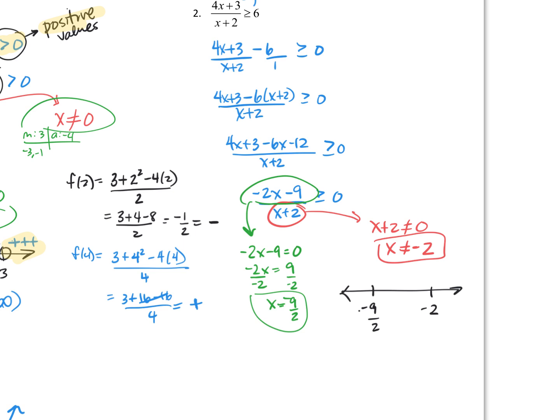Closed and open. This one can equal 0 because it's from the top, and it would be closed because the original equation has an or equals to. The 2, however, since it's in the denominator, can never be 0, so we have to leave it open. So this is the scenario when, even though it's a greater than or equal to, it's still an open circle. Special case here.